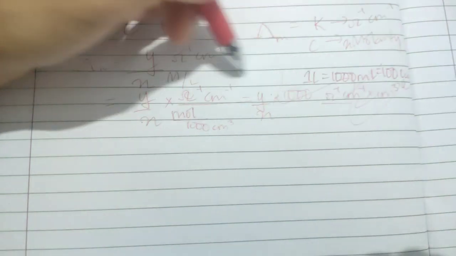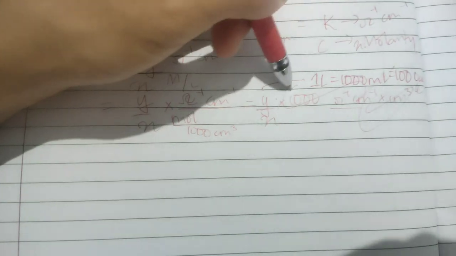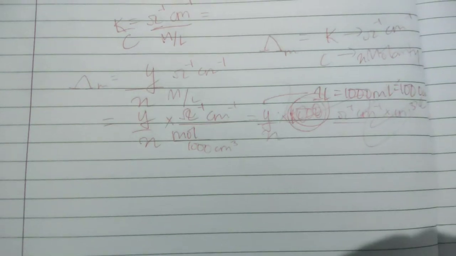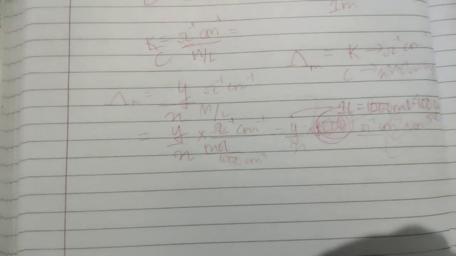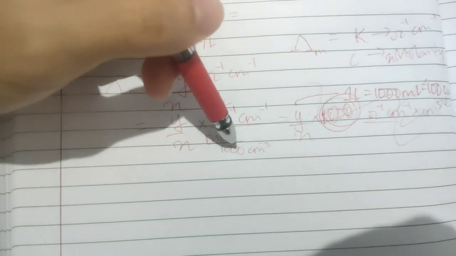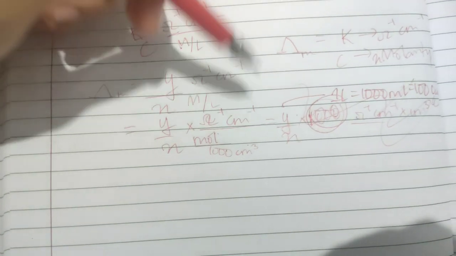So that's how you would solve it. That is why the formula has a sneaky 1000 over there. I've always wondered how that 1000 popped up. But when you do the unit conversion yourself, that 1 liter is 1000 centimeter cube, it makes so much more sense.